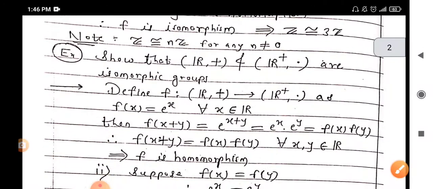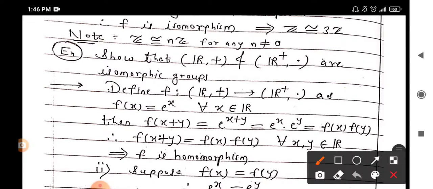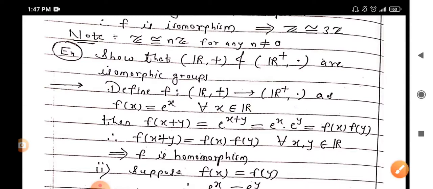Next example: show that (R, +) and (R^+, ×), the positive reals under multiplication, are isomorphic groups. For that purpose we define a mapping f from R to R^+ under multiplication as f(x) = e^x. Then trivially f is a homomorphism, since f(x + y) = e^(x+y), which is e^x times e^y, that is f(x) times f(y).